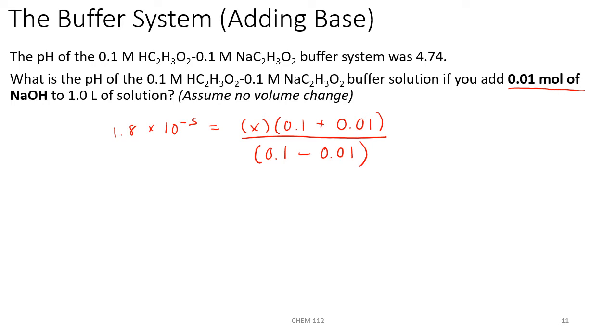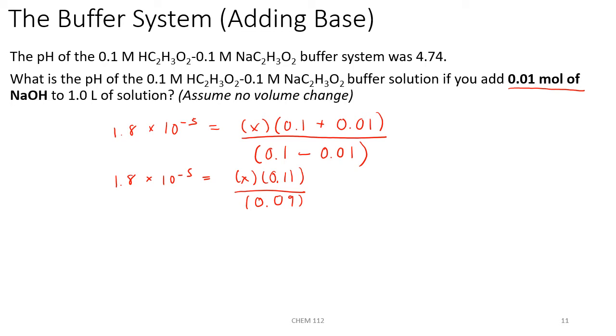And so this ends up reducing down to, we can say 1.8 times 10 to the minus fifth is the Ka. We're going to have X times, on the top we'll have 0.11, and on the bottom we'll have 0.09. And we can solve for X.